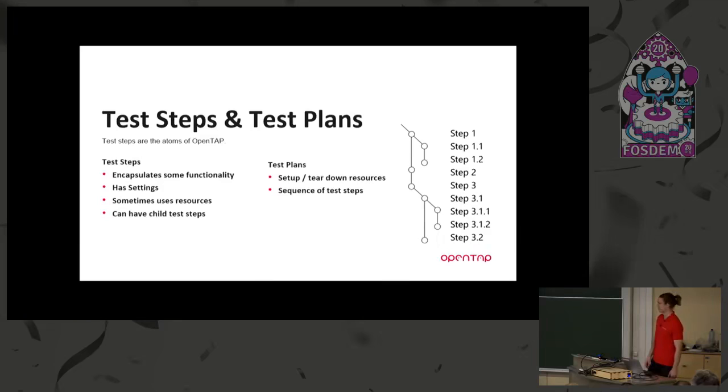And they can also have child steps, so it's a recursive system: steps can have child steps, which can have child steps. They're all inside this test plan, which is a sequence of test steps, and the test plan manages when to connect to instruments and disconnect. On the right side here, you see an example of some test steps, with some hierarchies going on.